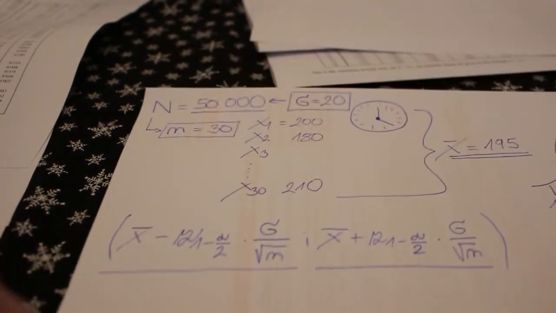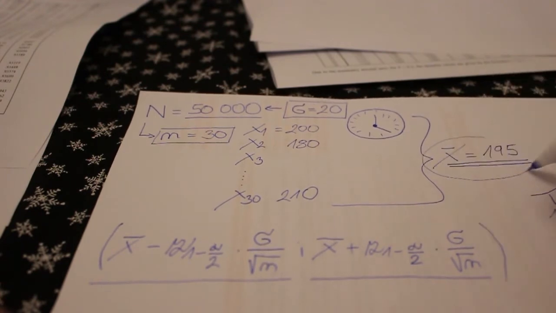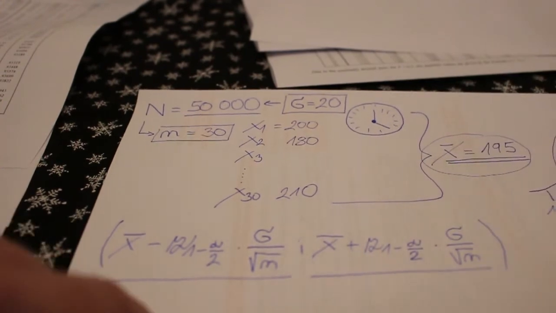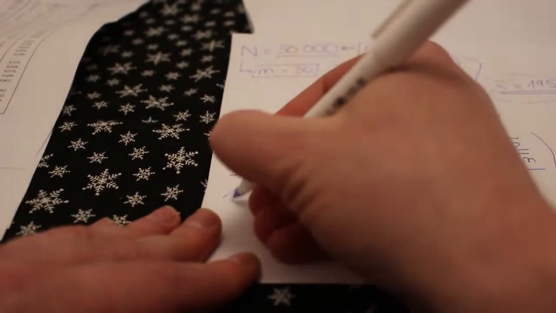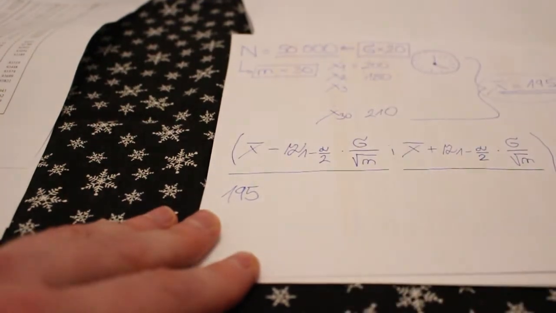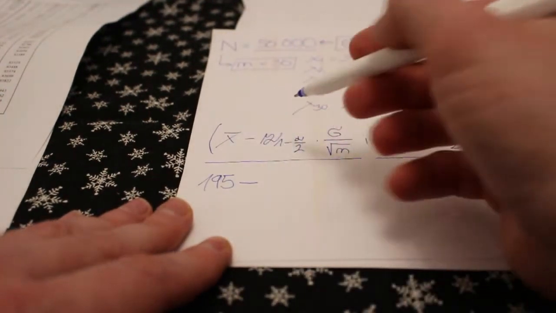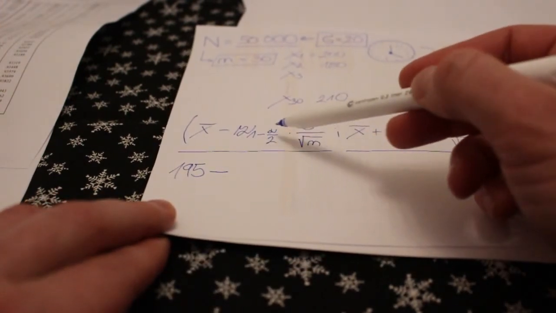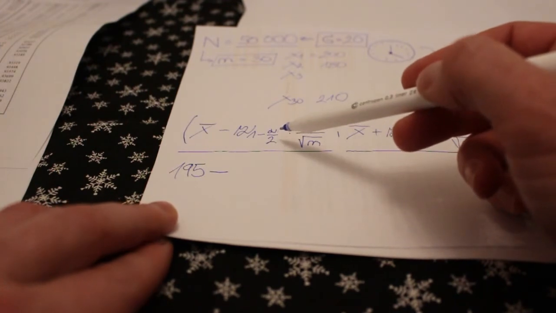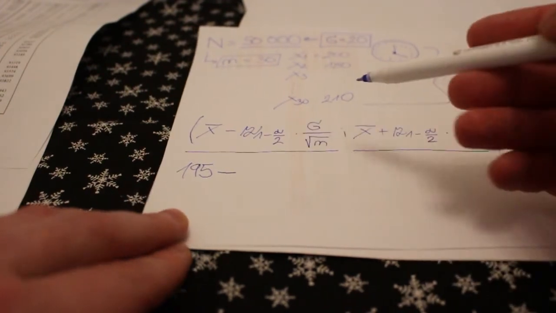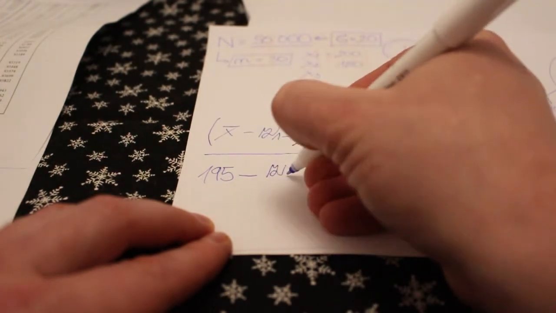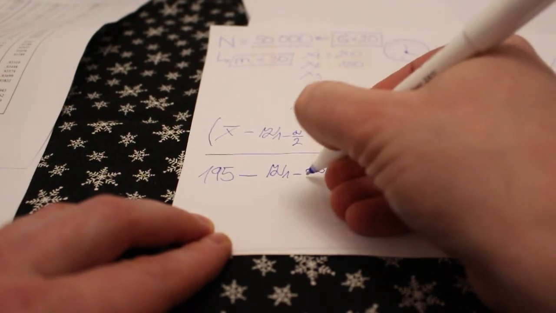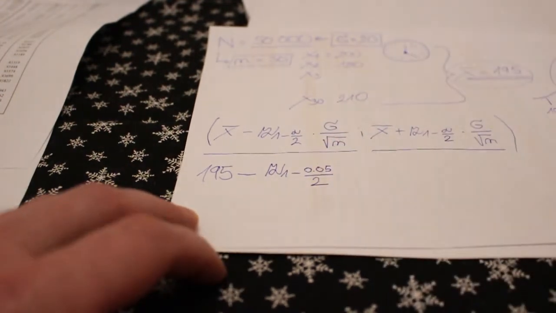Because according to the calculated and given parameters in this example, we have calculated a sample mean 195 days, minus the quantile of the standard normal distribution z, 1 minus not alpha but alpha divided by 2, because this is a two-sided confidence interval. So there will be z, 1 minus 0.05 divided by 2.